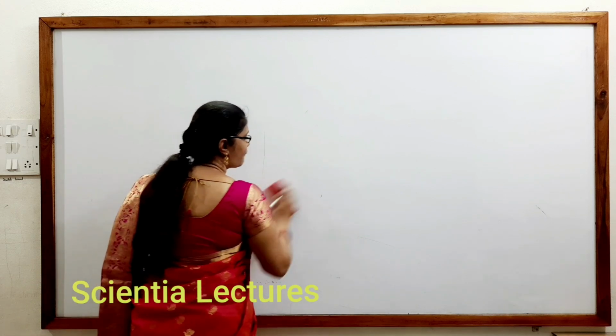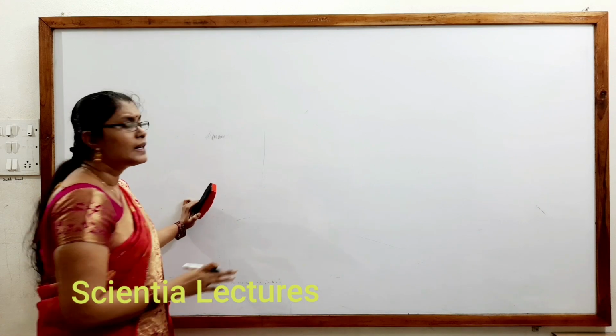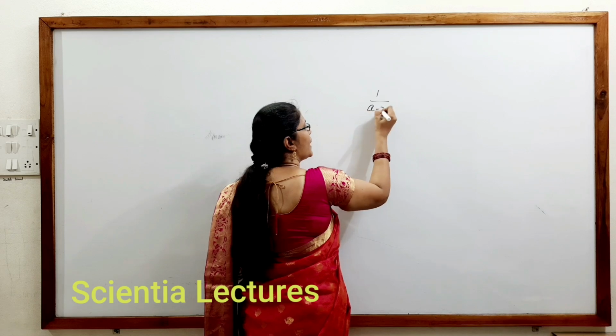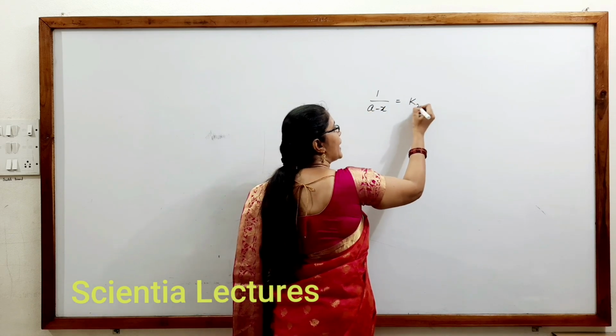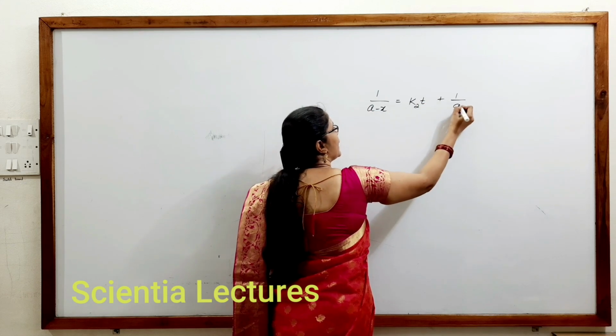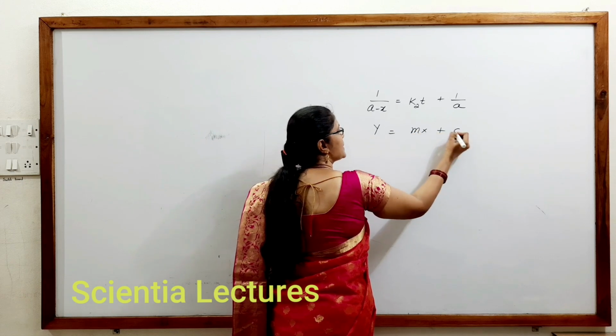Now, for a graph representation, which we have seen in the previous module, let us see how to write the second order rate equation. 1 by a minus x must be equal to k2t plus 1 by a. This can be taken as y equal to mx plus c form.